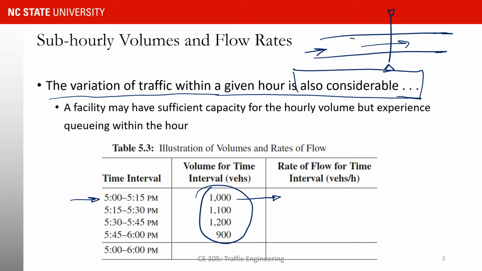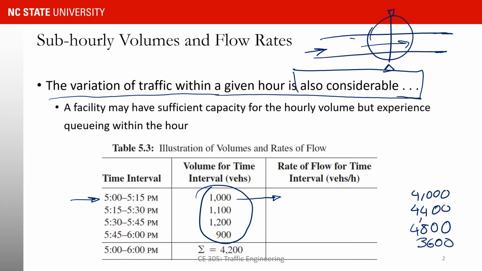So we're going to get something like 4,000 here. And for the next one, I have 1,100 that wants to go through this point within 15 minutes. So within an hour, if you convert that, you are going to have 4,400. If you convert the other ones, we have 4,800 and then 3,600.